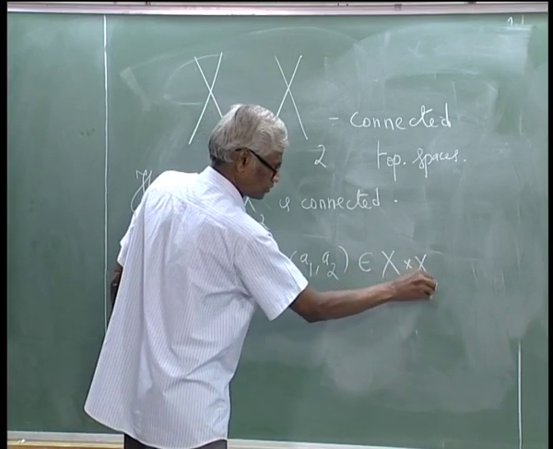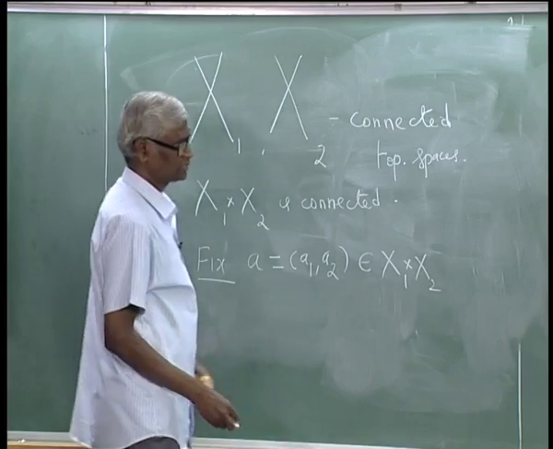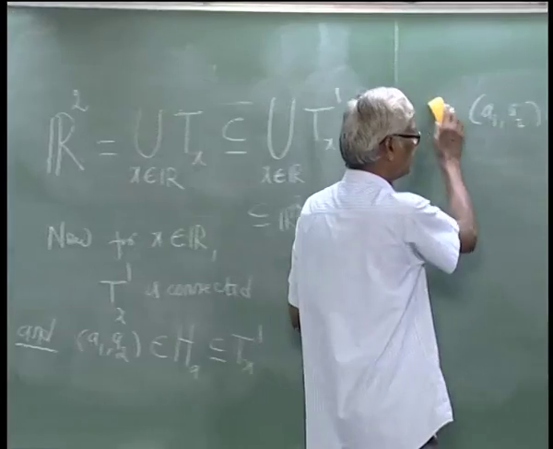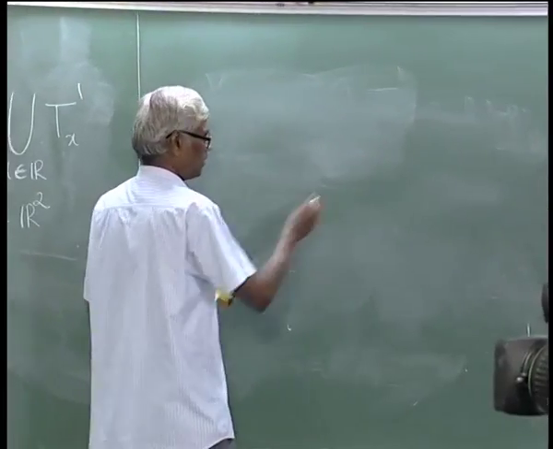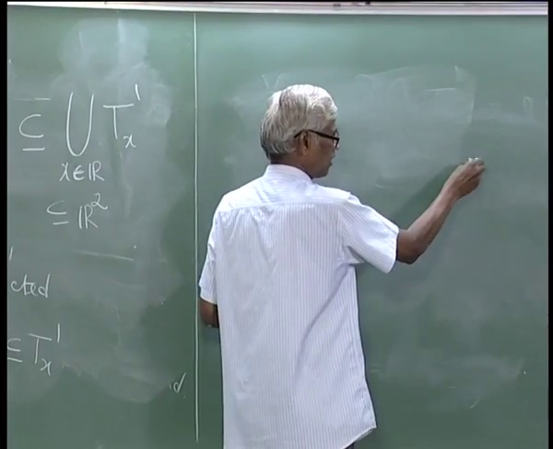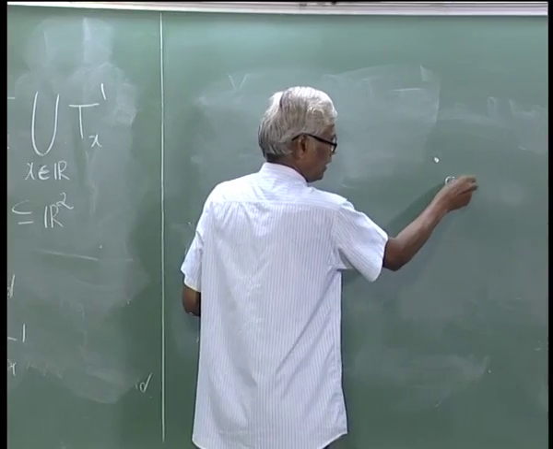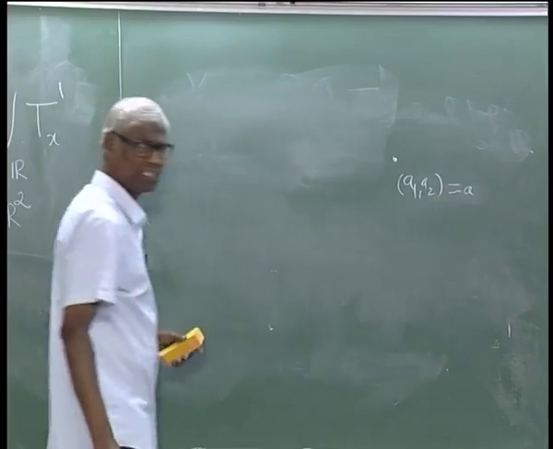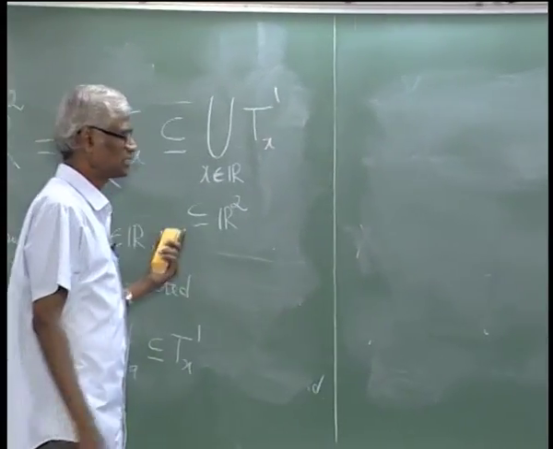Geometrically, the same way we can denote the same set. See, we have fixed this ordered pair A1 comma A2, this is A, which is in X1 cross X2, again the same way.